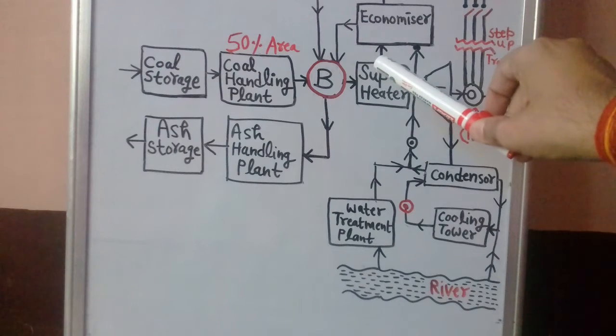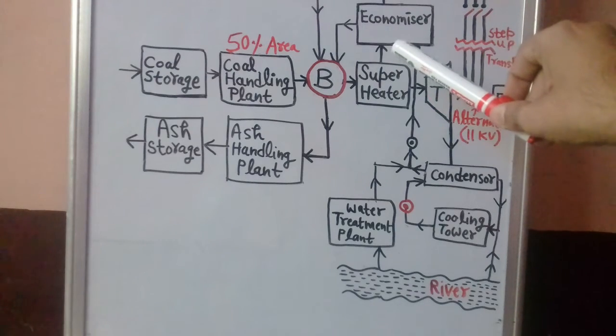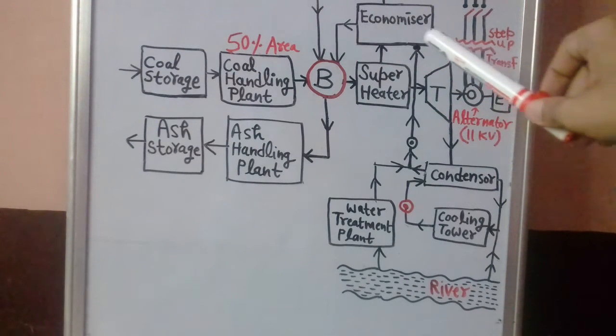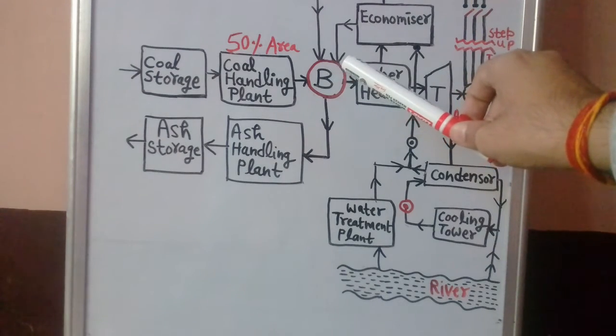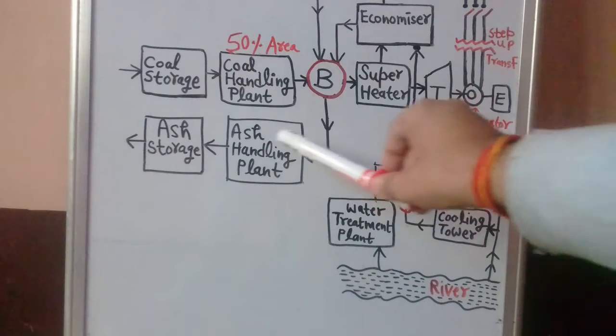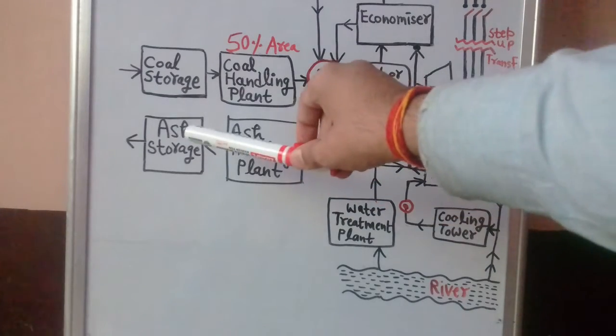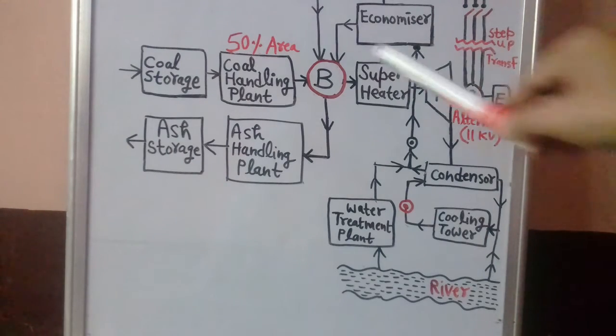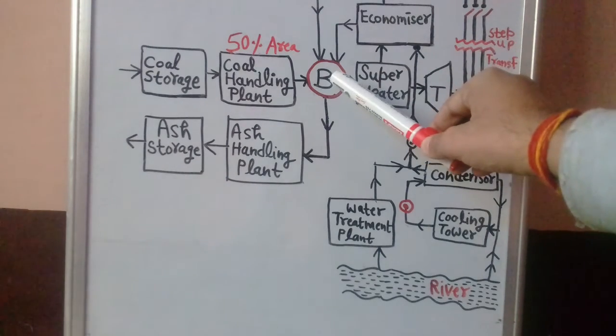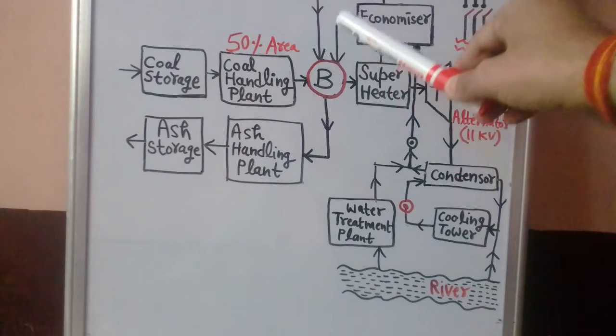And 10% of that, around 2,000 tons, will be the production of ash that will be given to the ash handling plant, and eventually to the ash storage, and then to the cement industry, brick making industry, and for all other industrial utilization of the ash. Now the coal is burnt in the boiler.